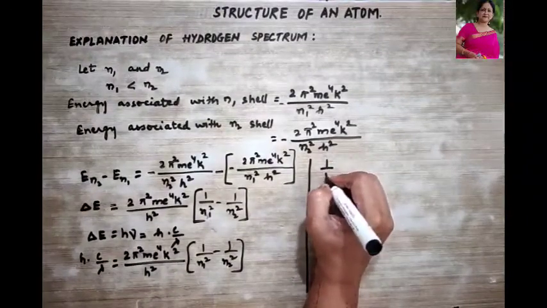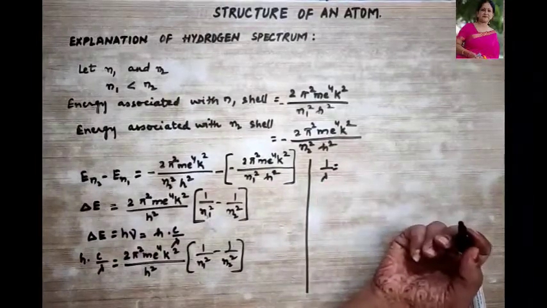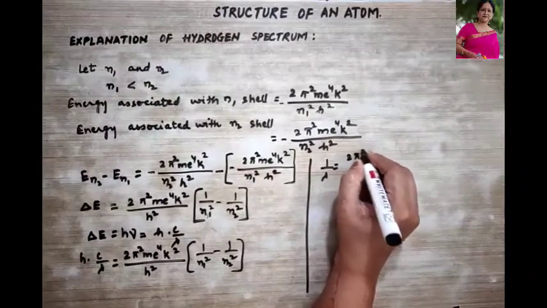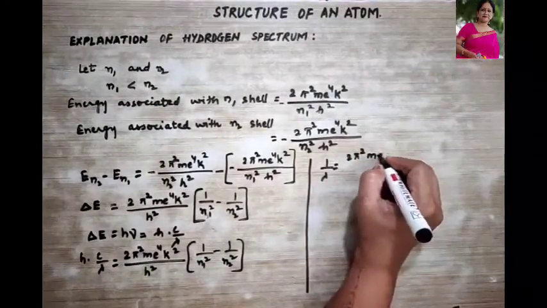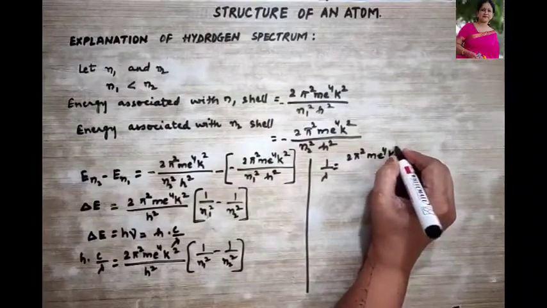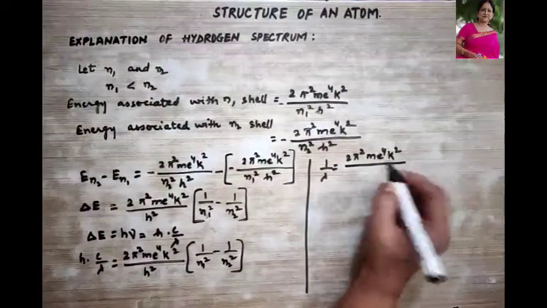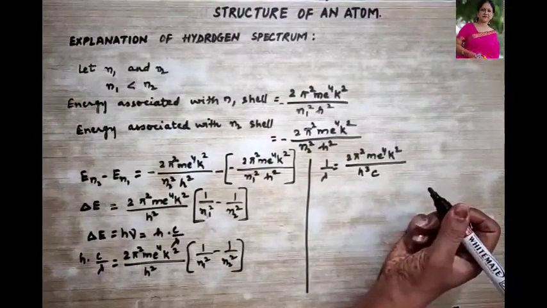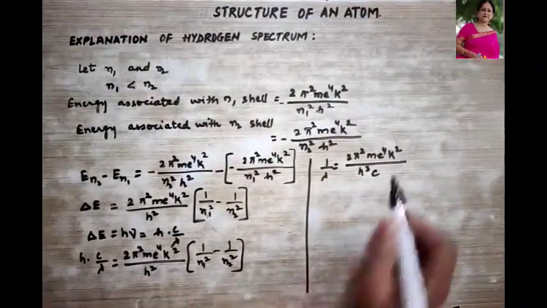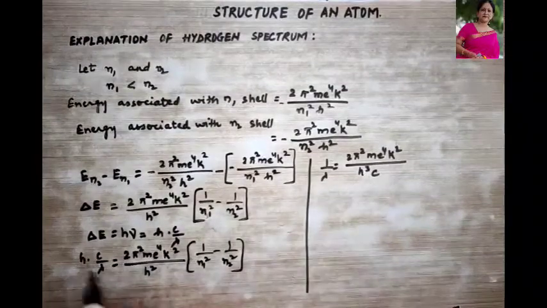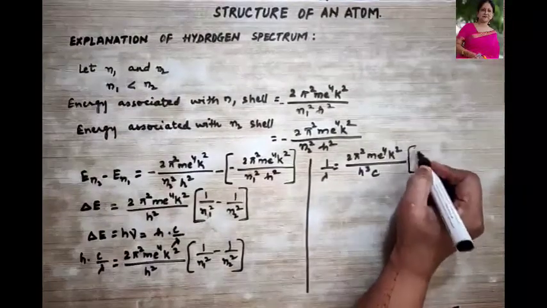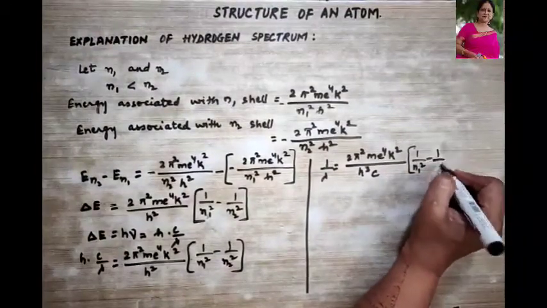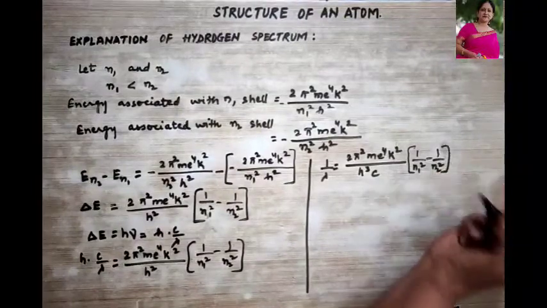I come over here now. So 1 upon lambda will be equal to how much? 1 upon lambda will be 2 pi square m e4 k2 upon h cube c, since h square into h makes it h cube into c over here, times 1 upon n1 square minus 1 upon n2 square.